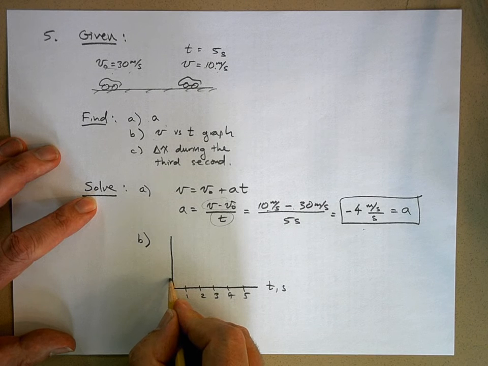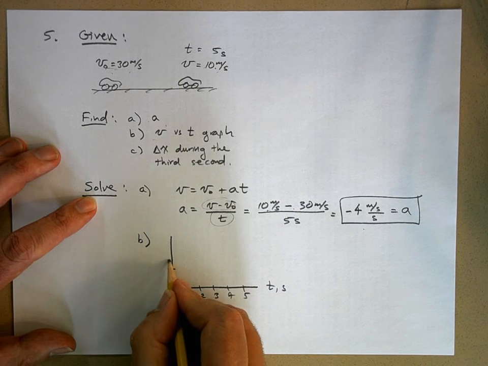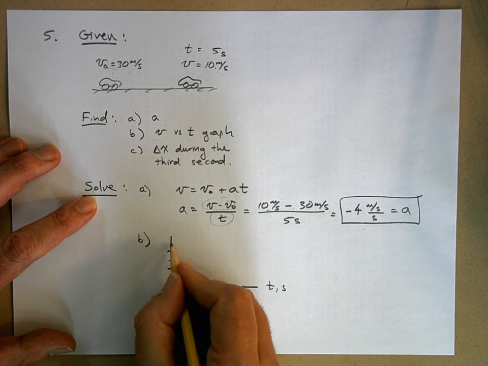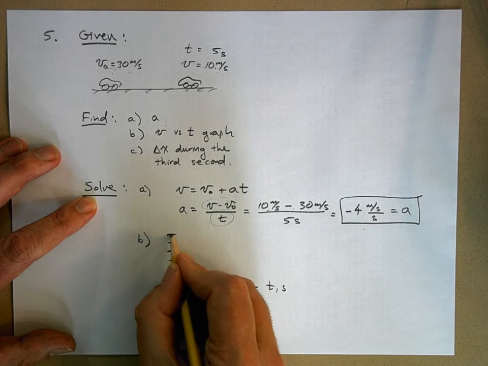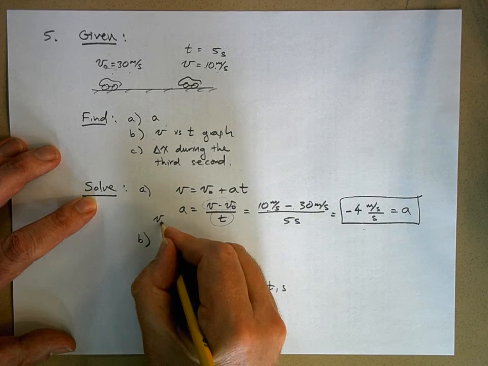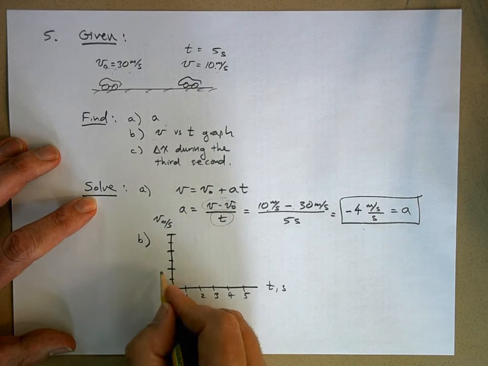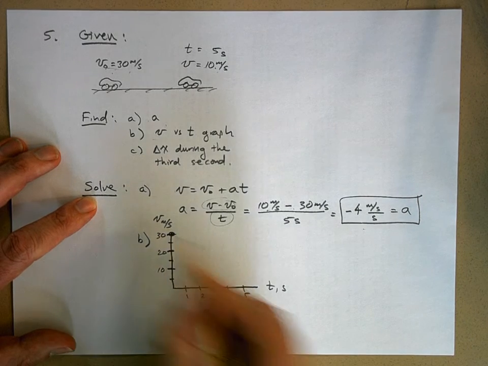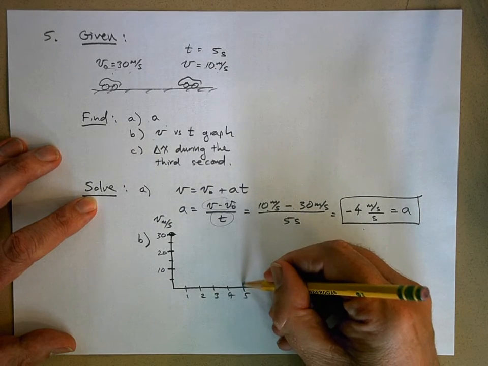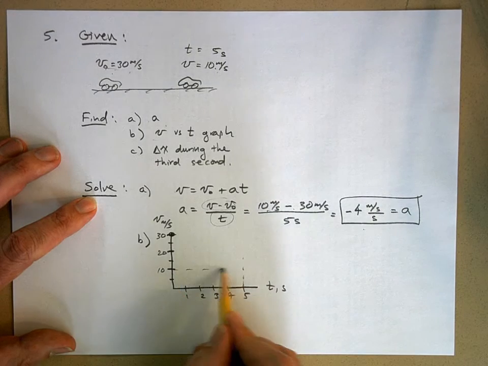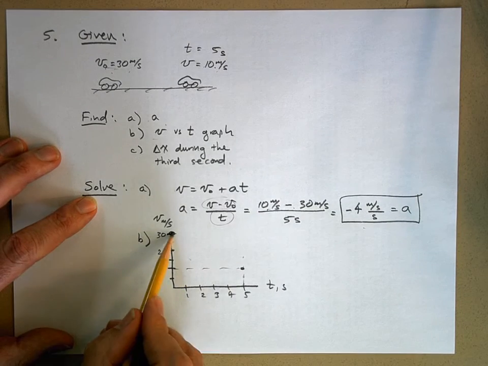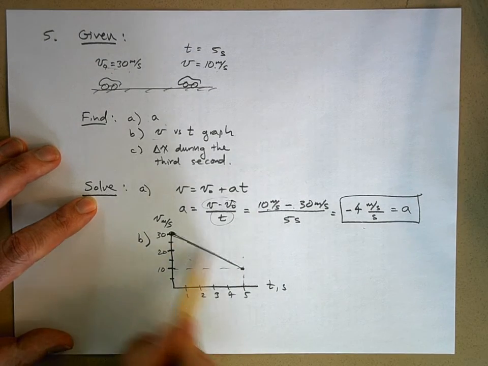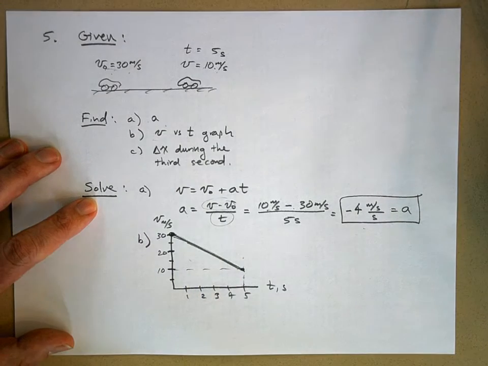And then 5, 10, 15, 20, 25, 30. So we're going to start here, and then at 5 seconds, we're going to end up at 10. And we're going to do that.